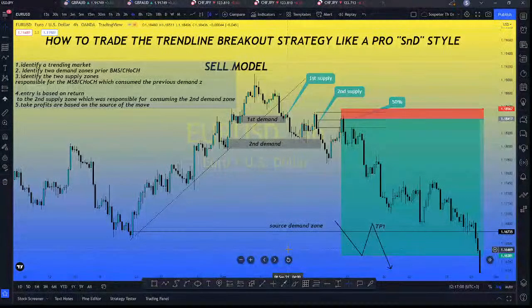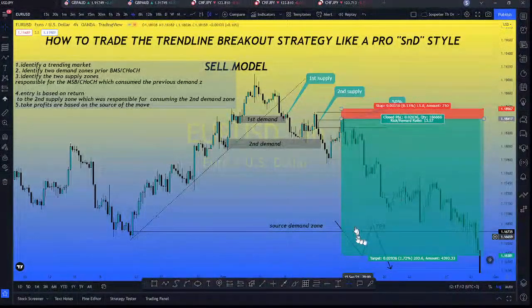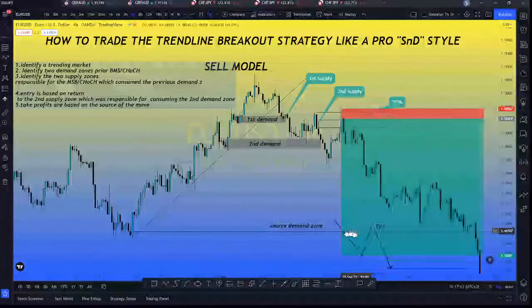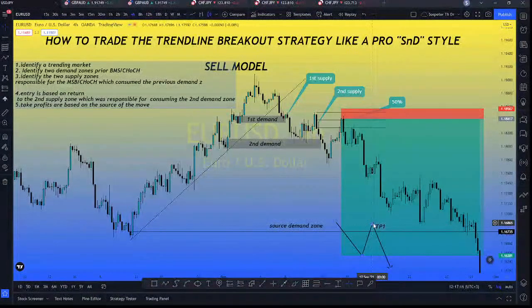Like I shared about the sell model, the failed QM setup, for the continuation, because they know people are waiting for a breakout and retest of these, they have to do some stop hunt.